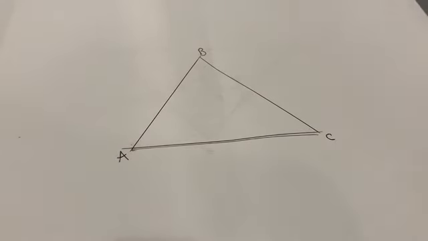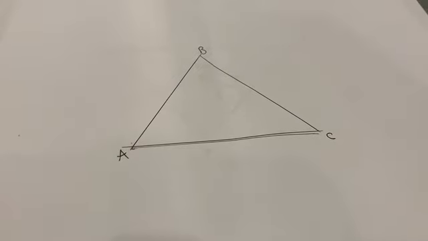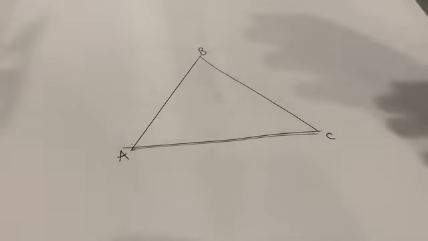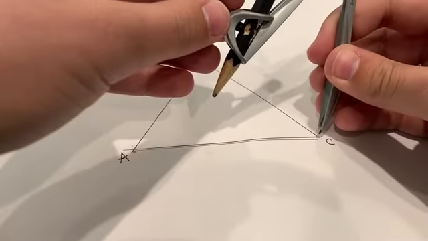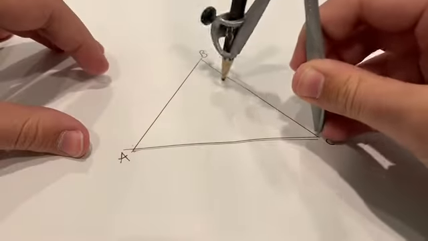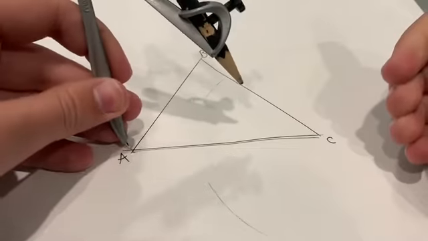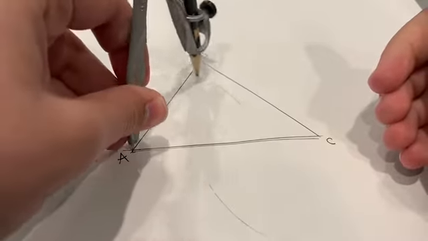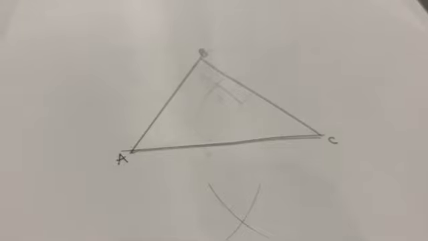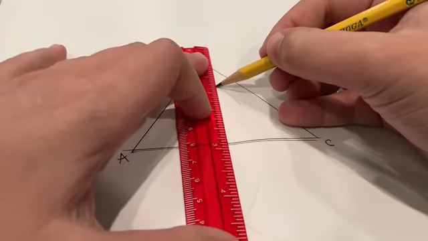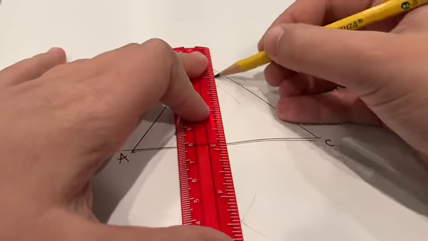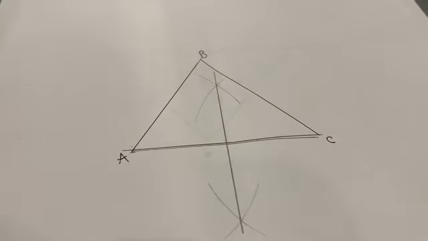Our last and final point of concurrency is the circumcenter, which is the point of concurrency of the perpendicular bisectors of each side of a triangle. So we've done this construction many times now. I'm just going to speed through this quickly. Perpendicular bisector of AC. Take your straight edge, put it through each intersection.